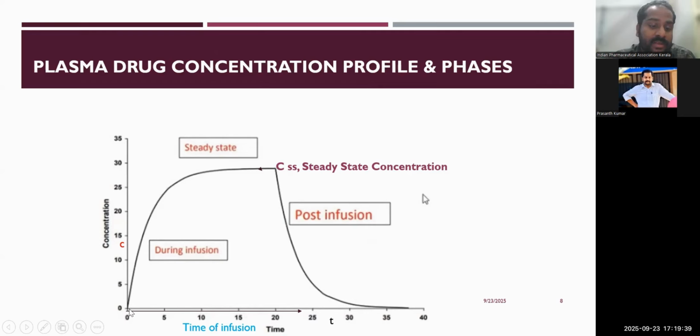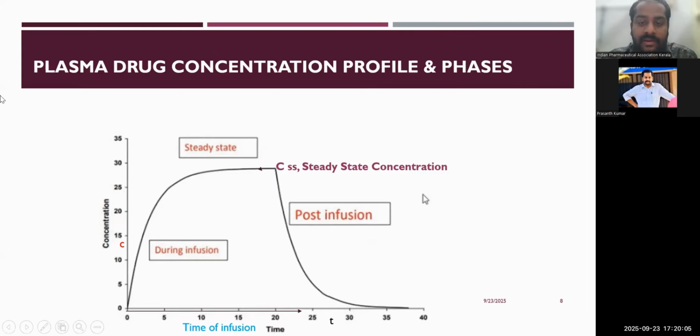At the start, the rate of infusion will be 0. And as the infusion starts, the blood plasma concentration increases exponentially to reach a steady state, that is indicated by CSS.